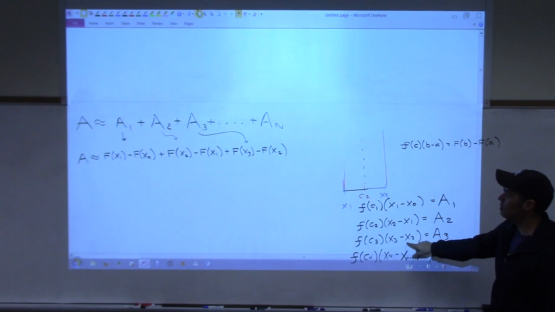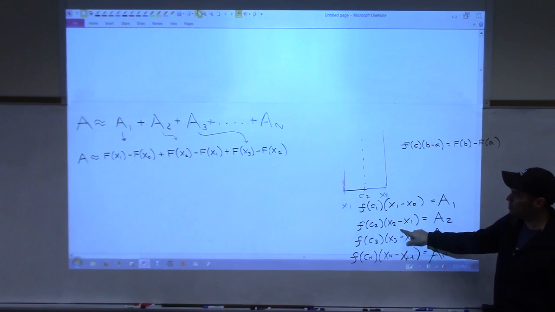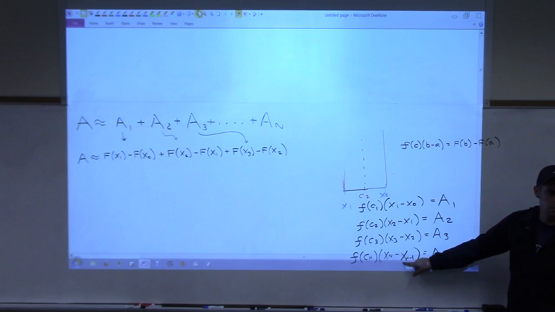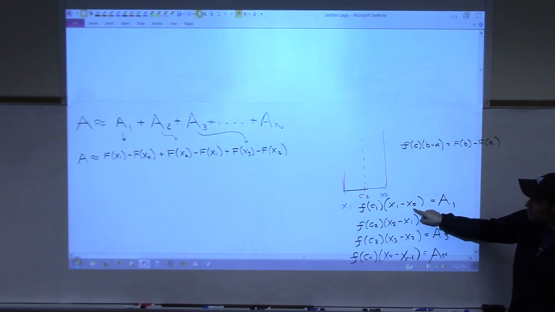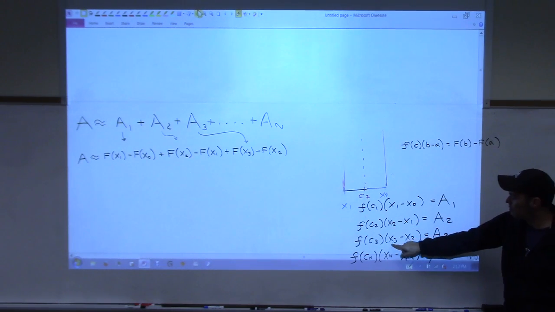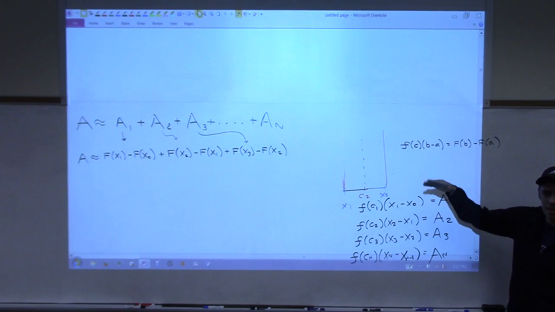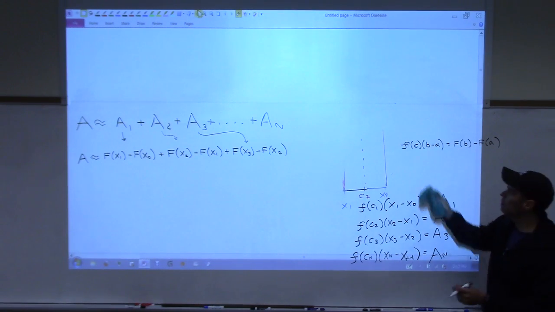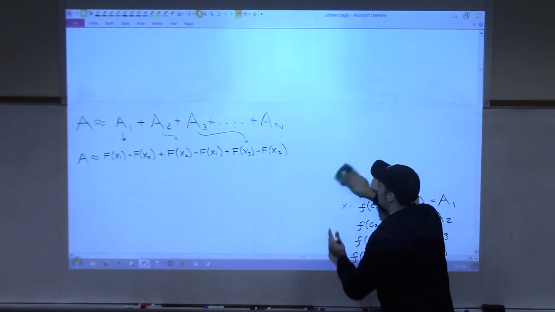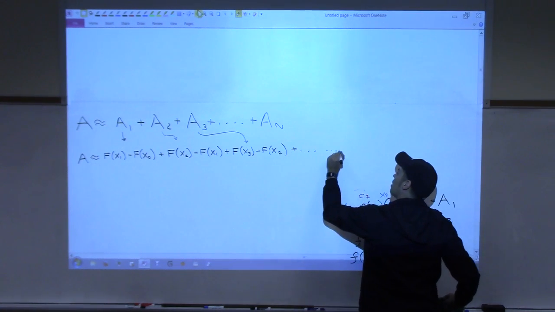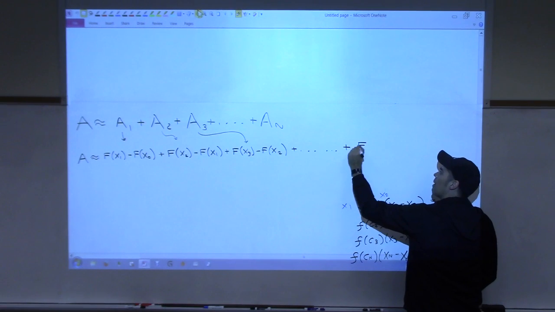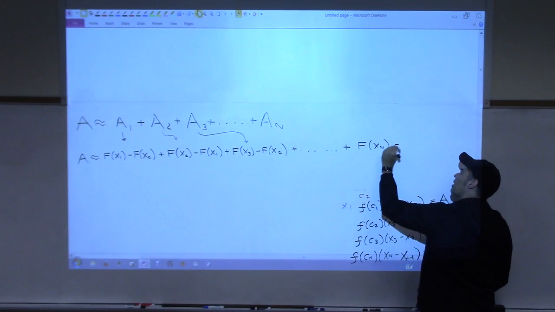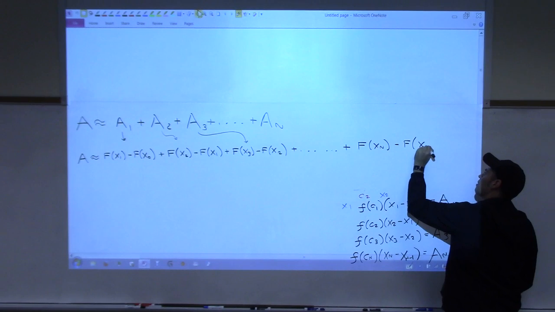The third one, yeah, this is right. It's got to be the next one minus the previous. x sub 1, x sub 0, x sub 2, x sub 1, x sub 3, x sub 2. And this would keep happening, right? And I would keep doing this all the way till I get to the very last rectangle, which would be capital F of x sub n minus capital F of x sub n minus 1.